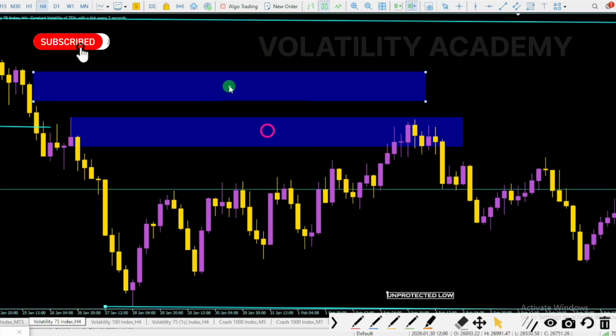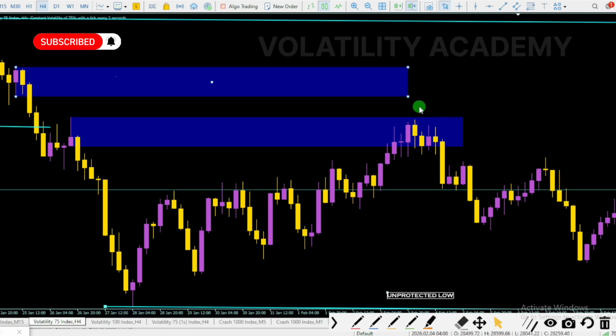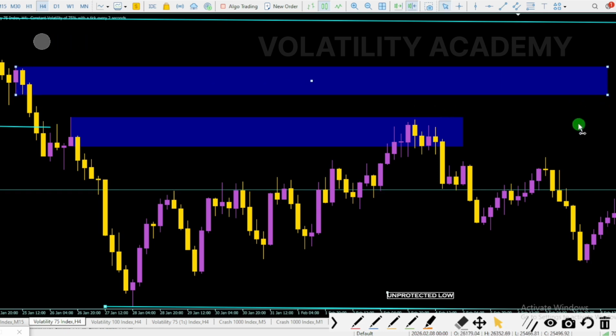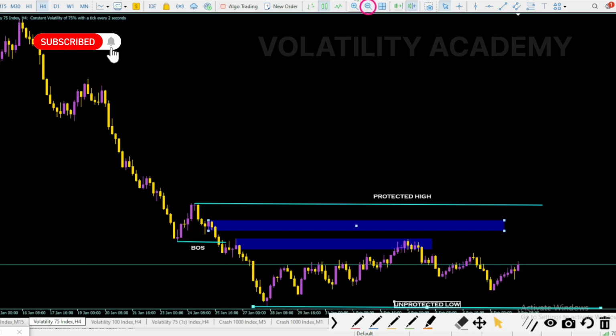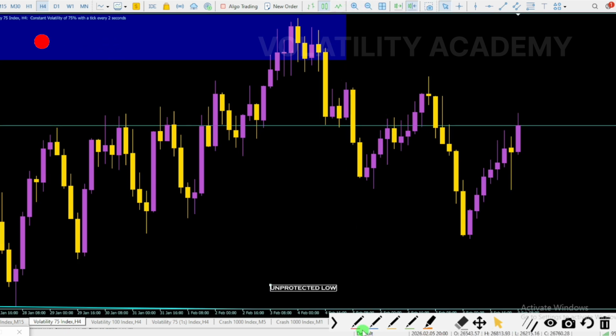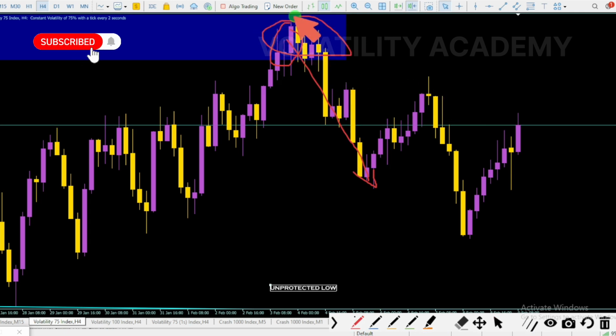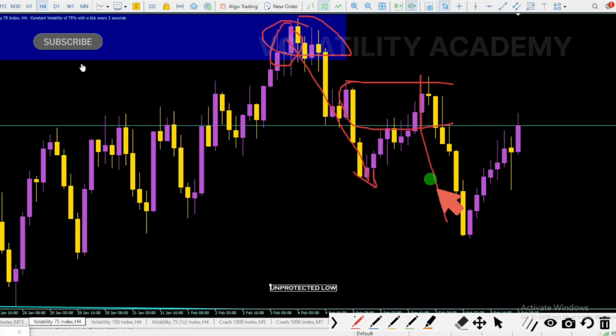Right here we have another zone, very beautiful zone as well, and it left some imbalance. Okay, now as you can see, the market actually got here and sold, and you would have taken a very beautiful trade from here. And if you missed this one, you have this one as well. You would have marked this zone and taken a sell as well.